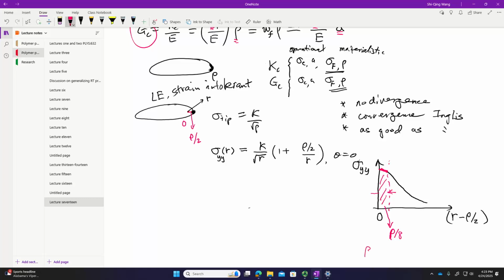Which means if rho is not on monolayer scale, but much larger, then you have a huge region where energy is stored. So it turns out after a couple of years, we find the entire mystery of linear elastic fracture mechanics is in the origin of rho.